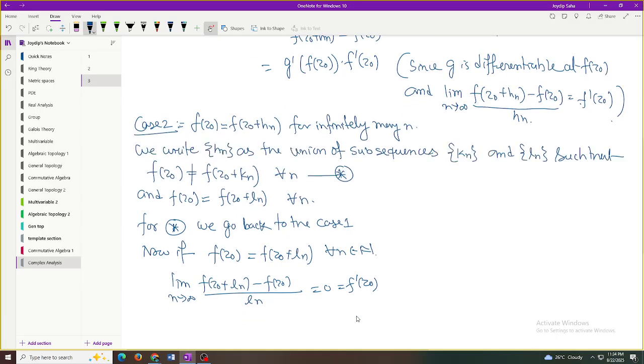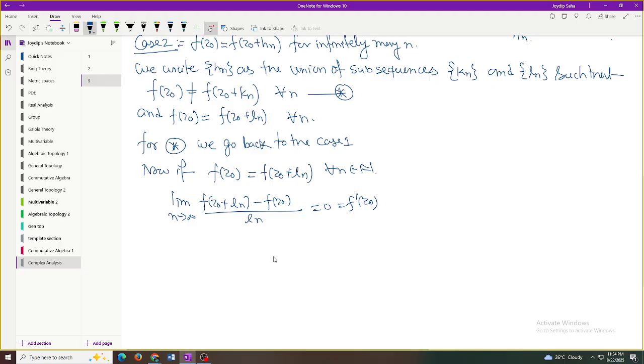Because f is differentiable, the limit exists, and since ln tends to 0 implies the subsequence ln also tends to 0, the limit has to be f dash z0.